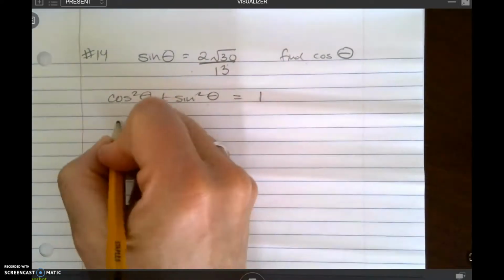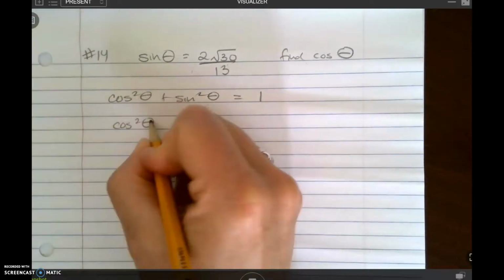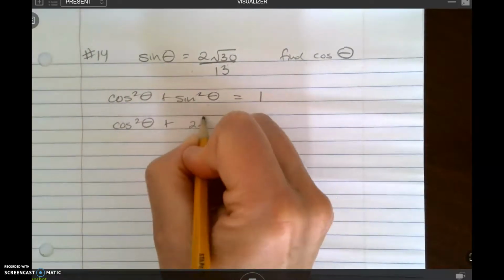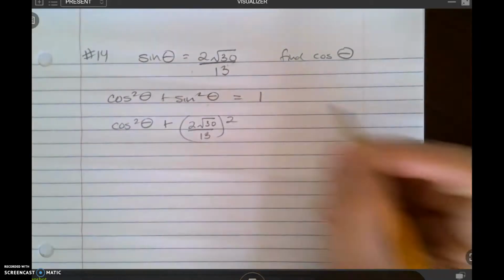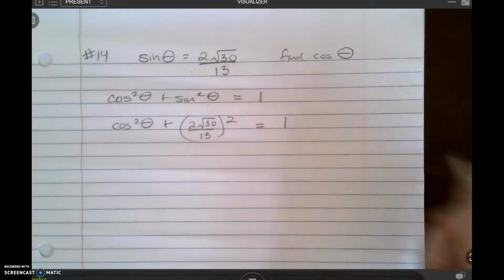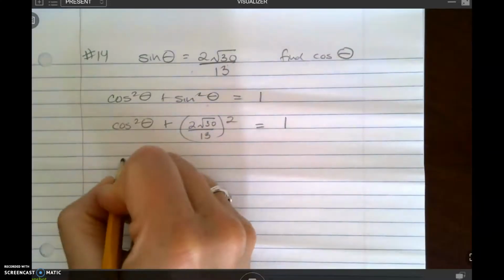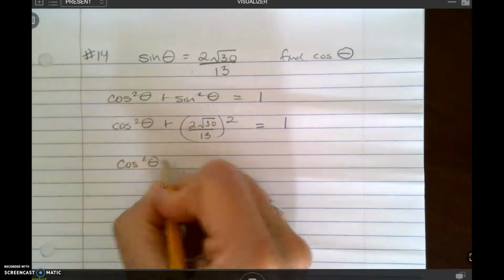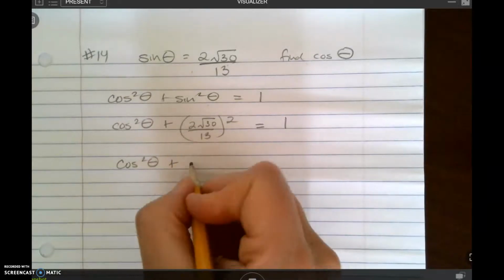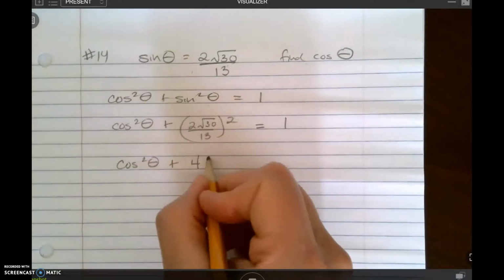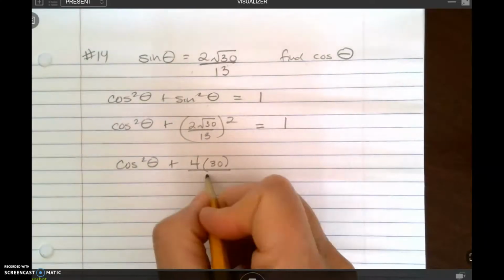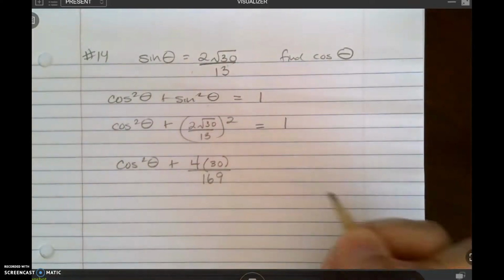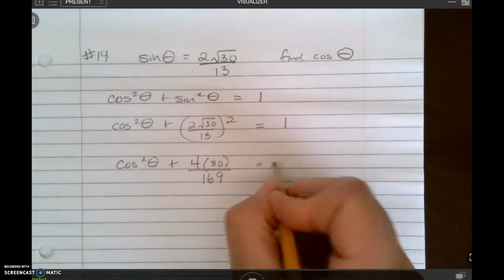So I get cosine of theta squared plus 2 square root of 30 over 13 squared equals 1. So I get cosine squared plus, when I square the 2, I get 4. When I square the square root of 30, I get 30. When I square 13, I get 169 equals 1.